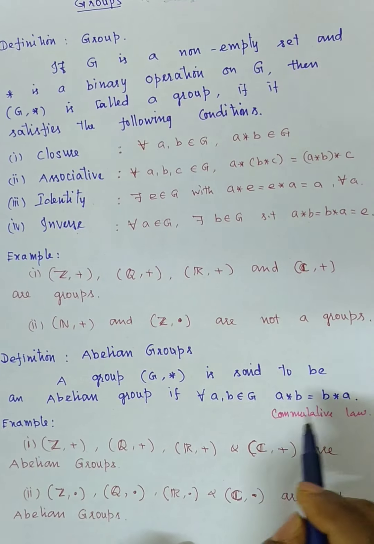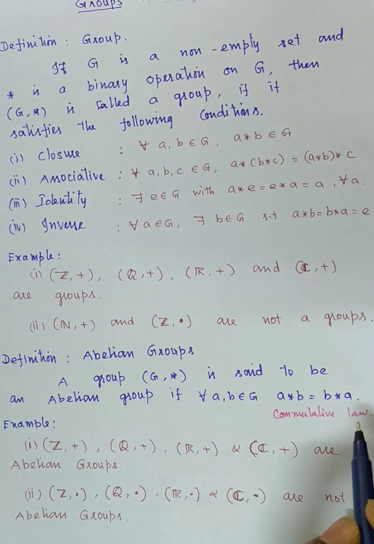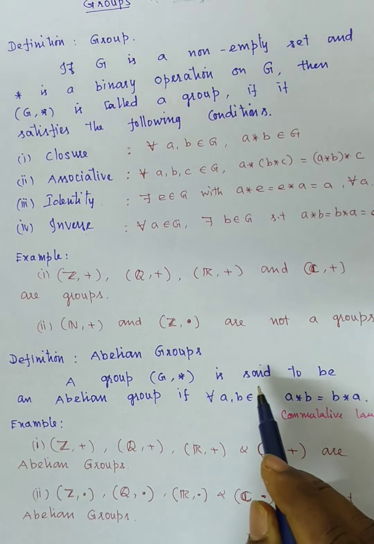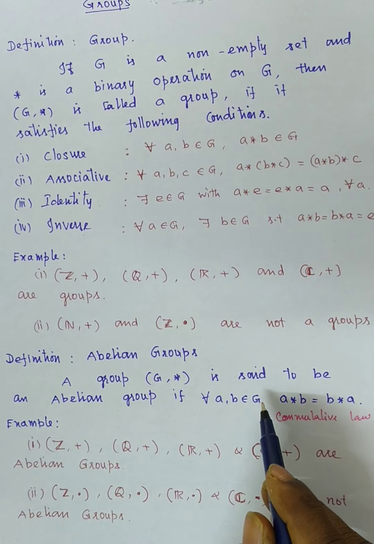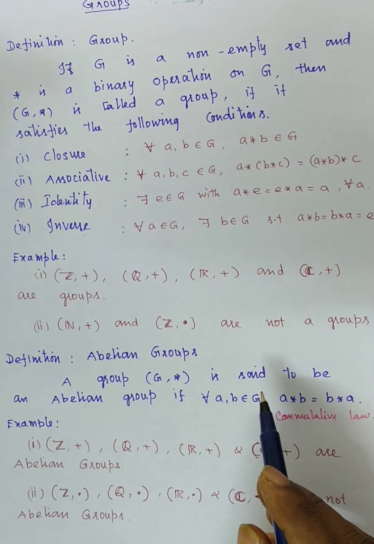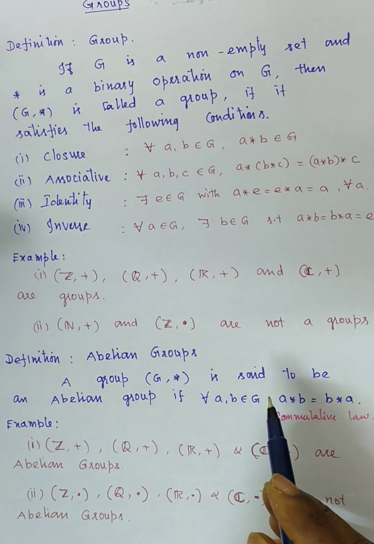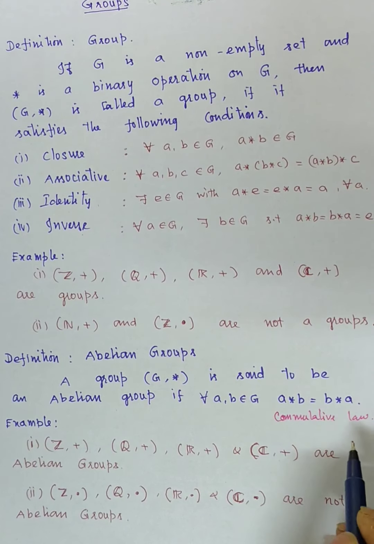A group that satisfies the commutative law, that is a star b is equal to b star a, is called an abelian group. So a group satisfies four conditions, and an abelian group satisfies five conditions. What are they? Closure, associative, identity, inverse and commutative.